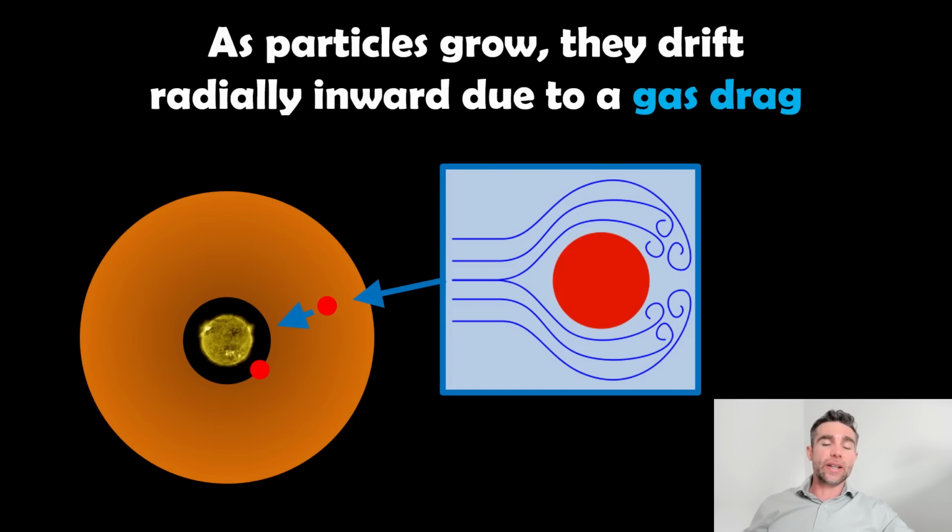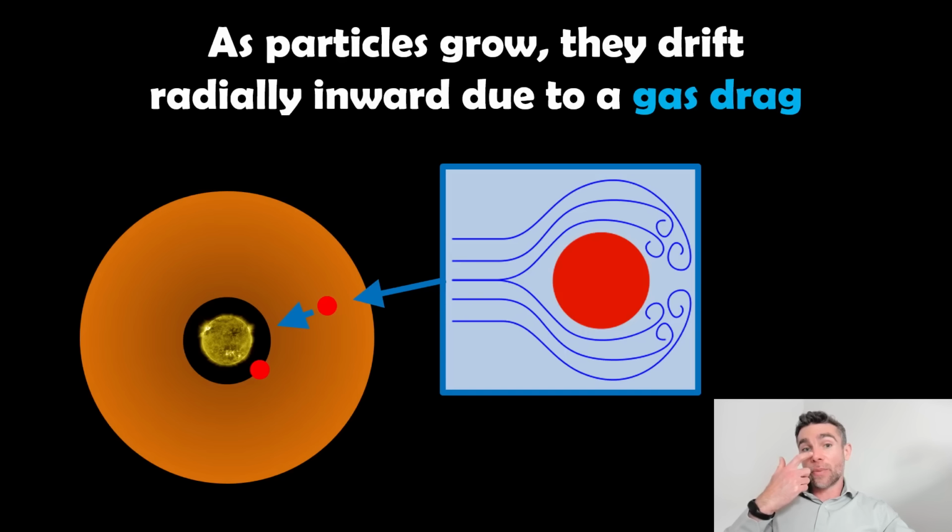Because they're in a gas disk, and the gas actually orbits slightly slower than the dust particles, because there's a pressure gradient there which slows the movement of the gas, particles that are orbiting in this gas disk experience a gas drag. What that does is it makes them lose angular momentum, and they move radially inwards.